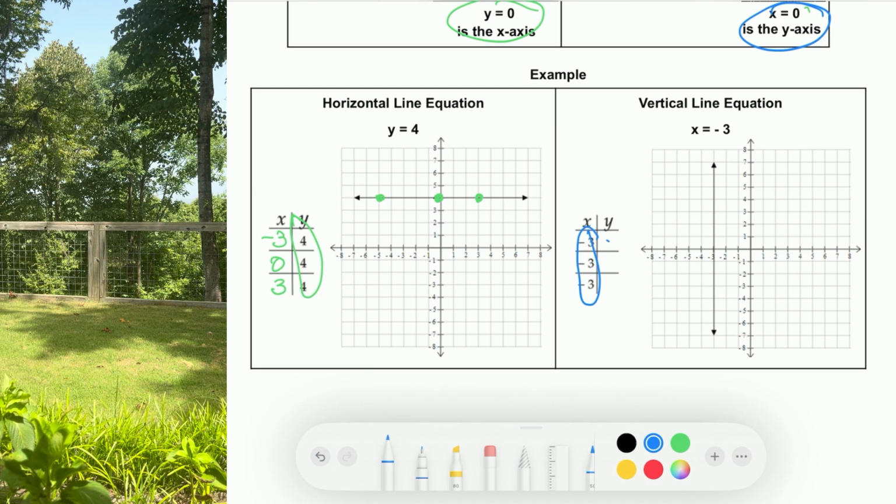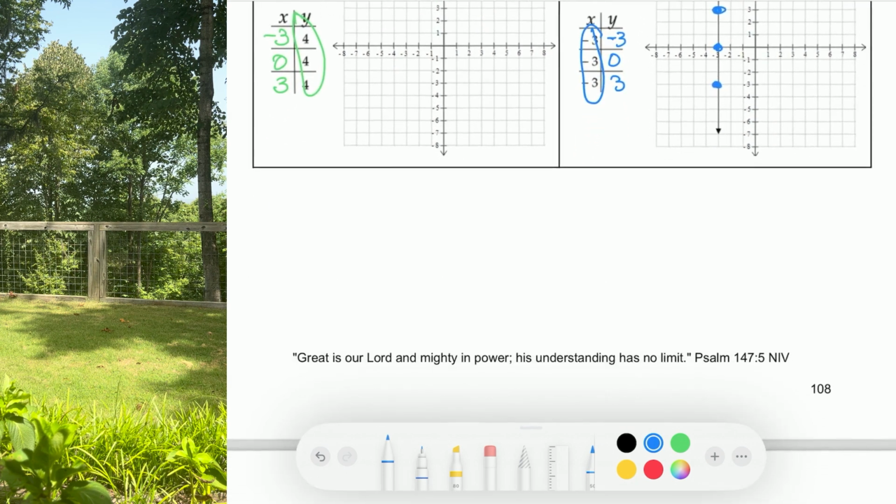Let's pick the same numbers. -3. So that would be -3, -3. What if my y was 0? I would be here. And if my y was 3, I would be here. So this is just to show you why in the horizontal line, all your y's would be the same, and in the vertical line, why all your x's would be the same.